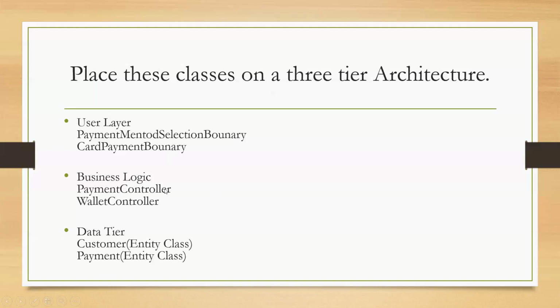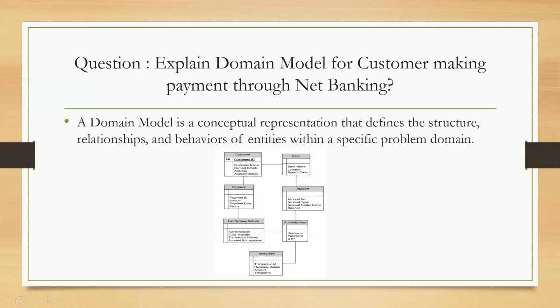In the business logic layer you can see the controller classes, and in the data layer we have the customer and payment entity classes. So first mention the three-tier architecture, and whatever classes you have derived previously, mention which layer each one covers in this particular question. Okay. Next.